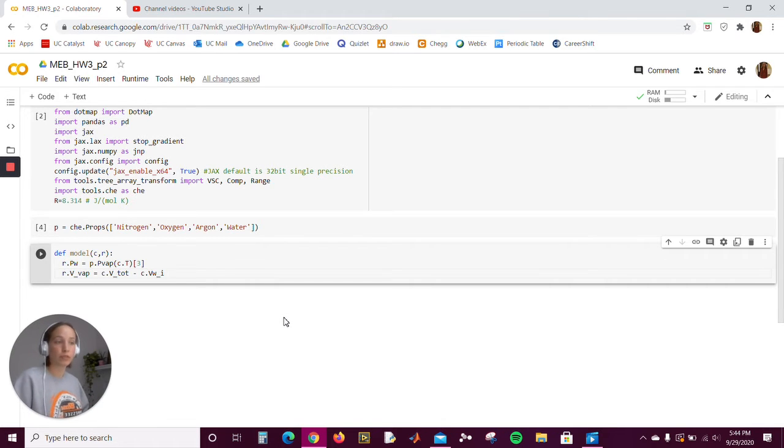Because if you remember from the first video, total volume is one of our unknowns, but we find the volume of water using the mass and density.